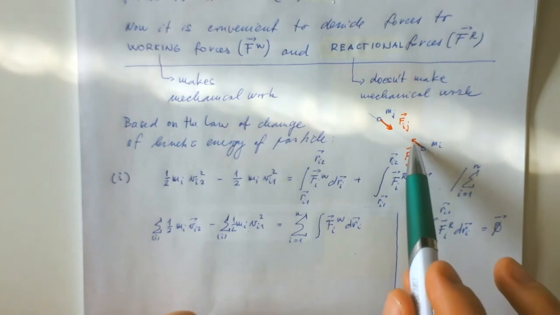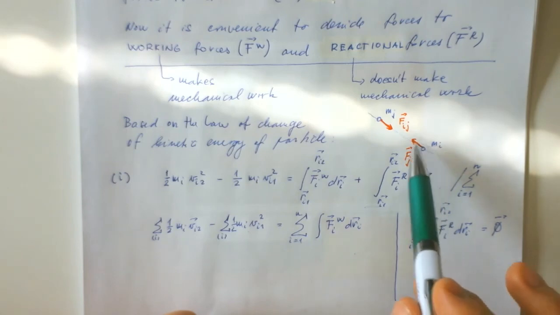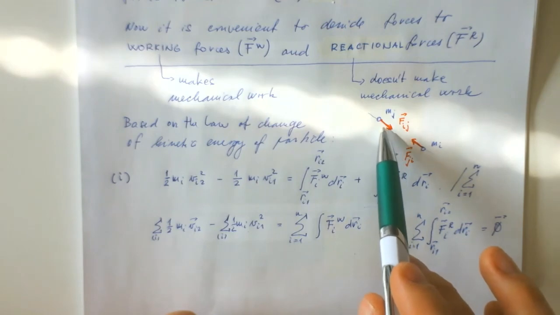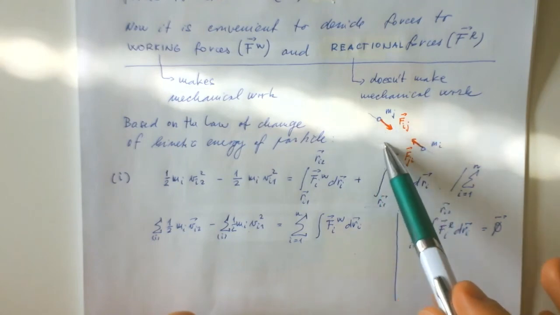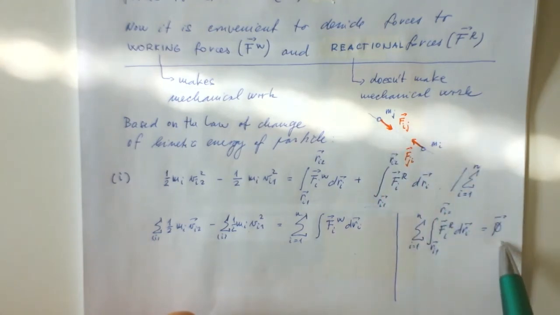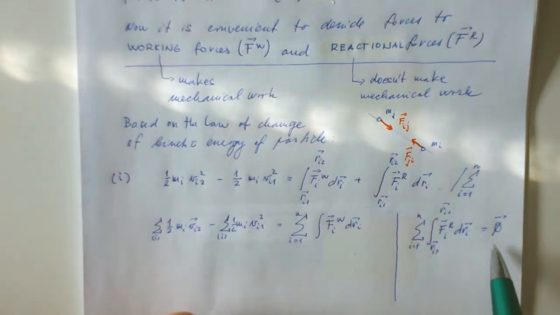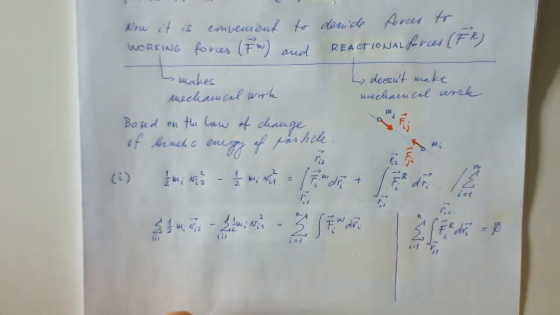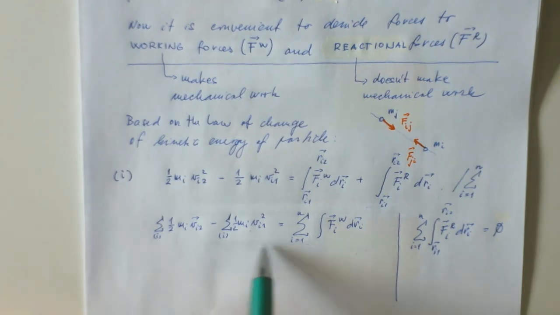So if this reaction force makes work with plus sign, this action force makes the same amount of work but with minus sign, and it compensates these works together, and sum of these works is equal 0. Okay, so this statement remains.